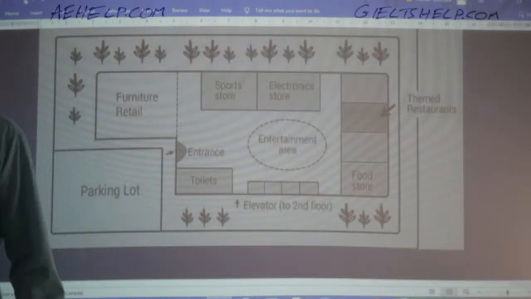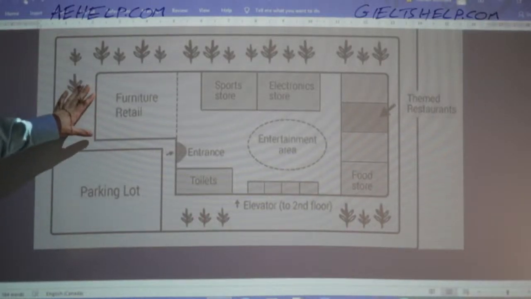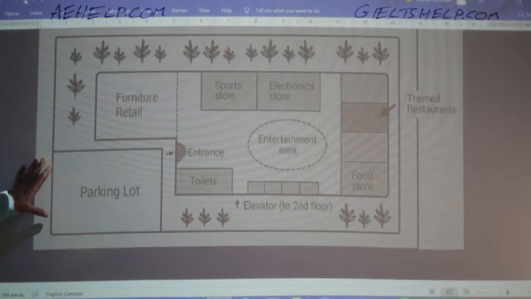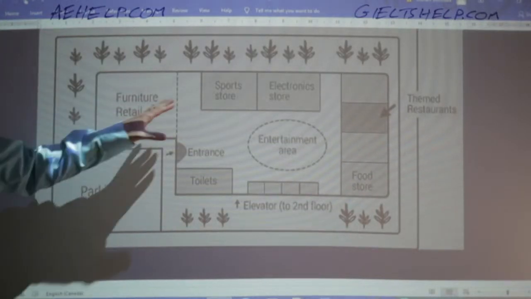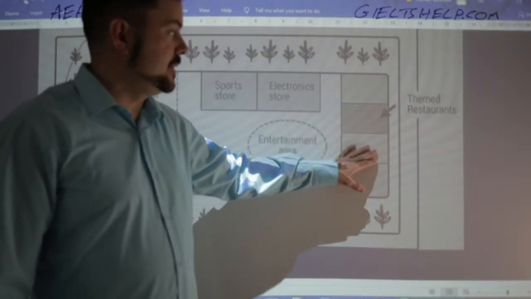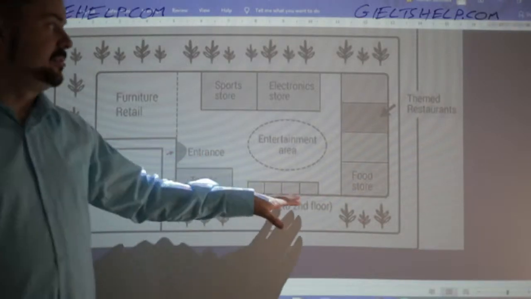And then here we have the second diagram. We have furniture retail instead of the lake. We have a parking lot down in the bottom left here. And then we have the sports store, electronics store. And then here we have themed restaurants, a food store, entertainment area, entrance, toilets, and then elevators to the second floor.